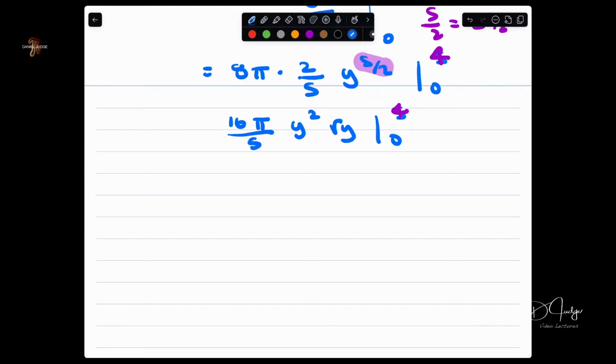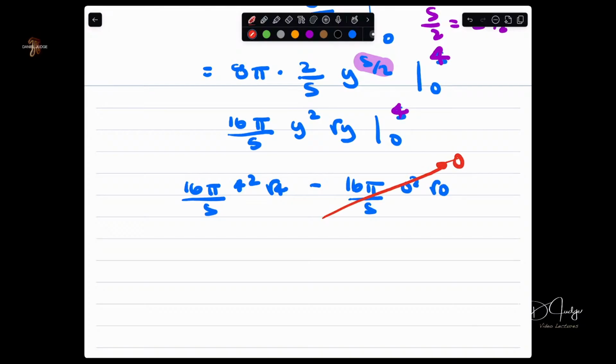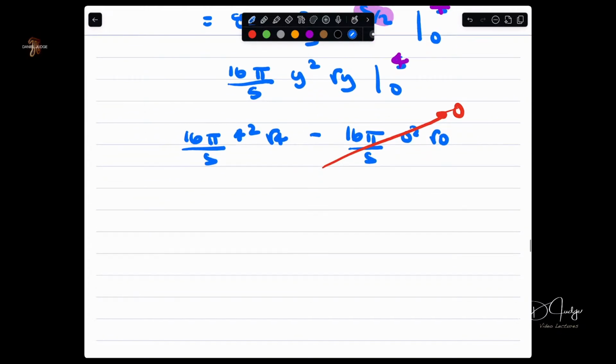Let's try that again. 16 pi, 4 squared, square root of 4, minus, don't forget to divide by 5. 0 squared is 0. This portion here is 0. 16 pi, 16 times 2 over 5.